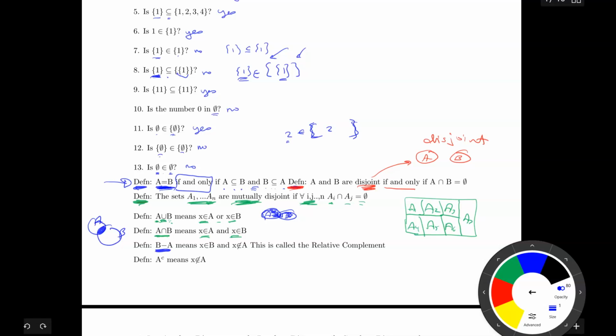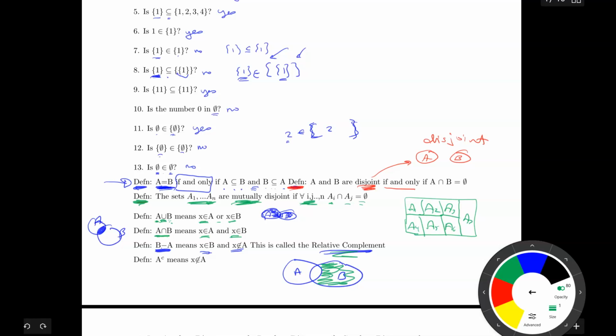Okay, so this one's a little bit different. So this is called the relative complement. So here's, they could be separate, but I'm just going to put them together like this. So B take away A. B take away A means x is in B and x is not in A. x is in B and not in A. So that would be this.